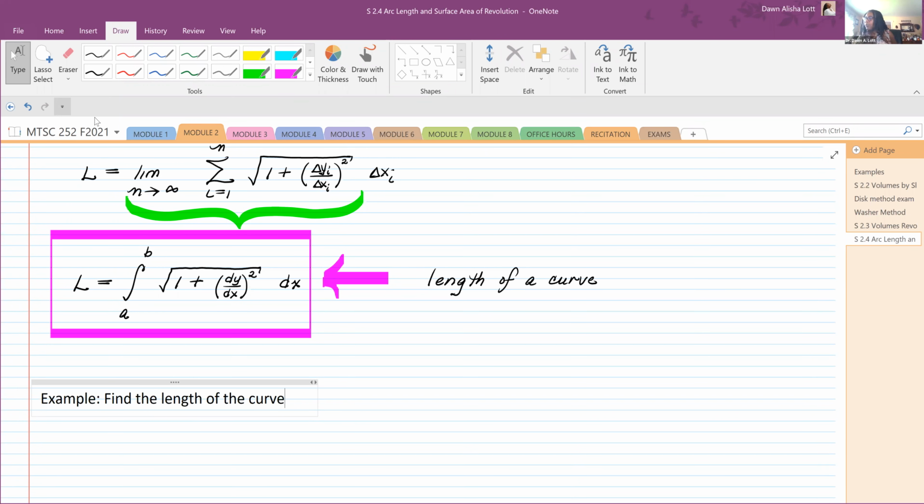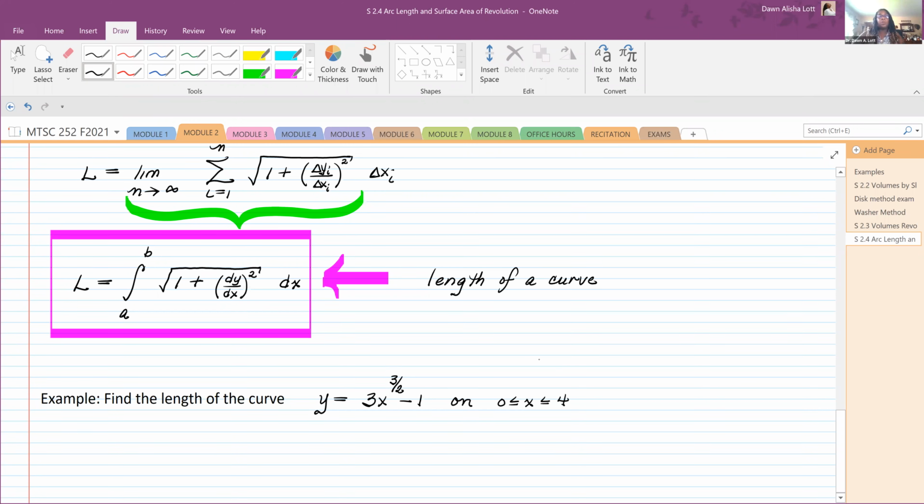So here's the curve: y is equal to 3x to the 3 halves minus 1 on the interval 0 less than or equal to x less than or equal to 4.